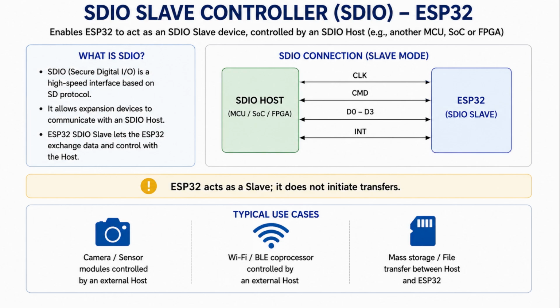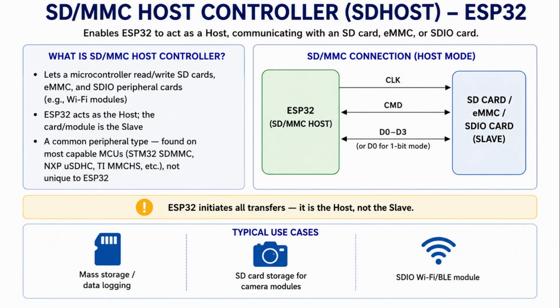Now let us flip that situation around. With MMC Host, the ESP32 becomes the host. It can communicate with an SD card, an eMMC device or an SDIO device such as Wi-Fi modules. The signal set is similar: CLK, CMD and D0 through D3. We can also use a 1-bit data mode when required.